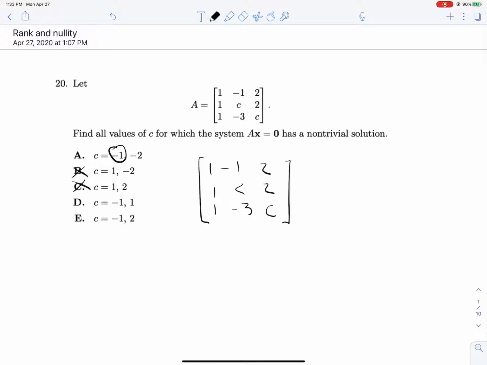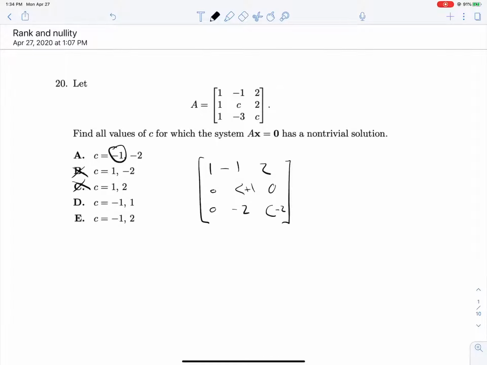Let's subtract row 1 from row 3. That gives us a 0, a -2, and a C minus 2. Let's subtract row 1 from row 2. And you can see that at this point we could have just solved for that C is equal to -1.